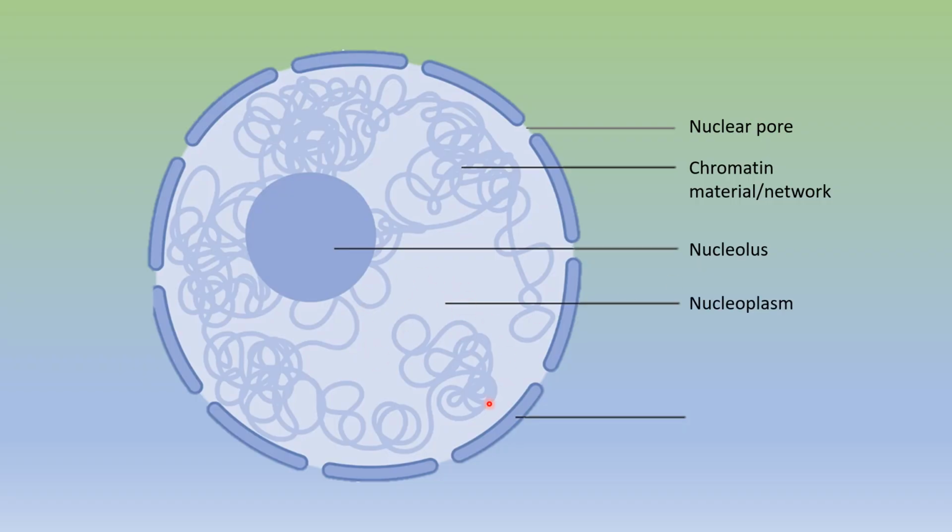This in-between structure is the nucleoplasm, and this double membrane structure is the nuclear membrane. So this is just a recap of the nucleus. Again, this was taught in detail in grade 10 because it's the basis and the fundamentals of our cell.